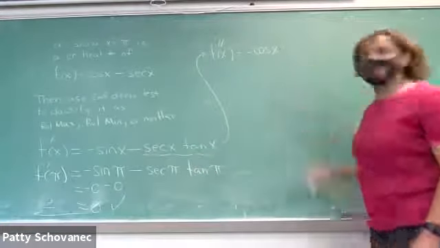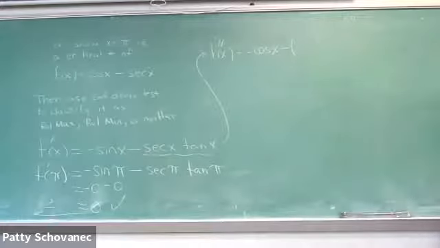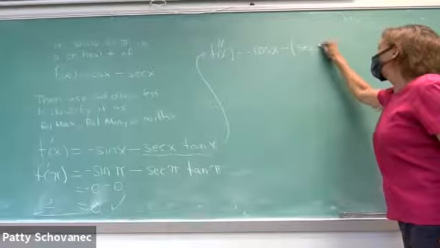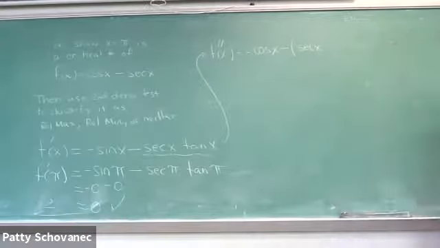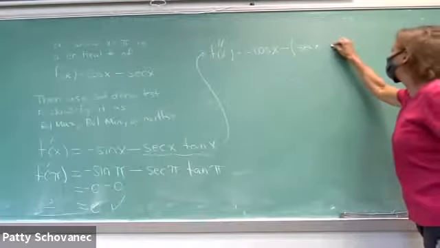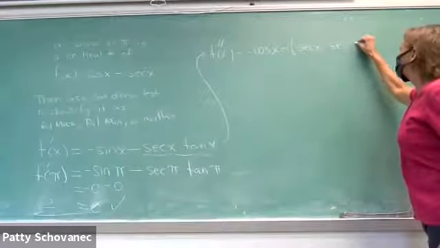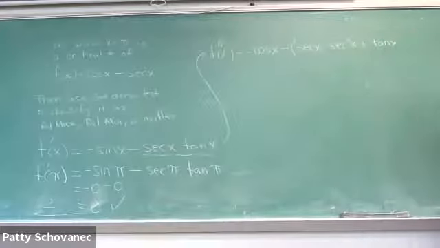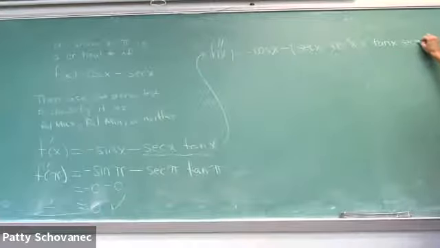Let's put that out in front of parentheses so I can put my product rule in there. So it's the first times the derivative of the second. What's the derivative of tangent? Secant squared, plus the second times the derivative of the first, and the first was a secant, so we should get a secant x tangent of x.